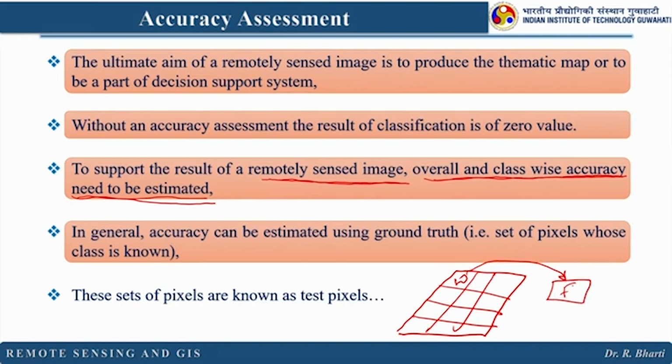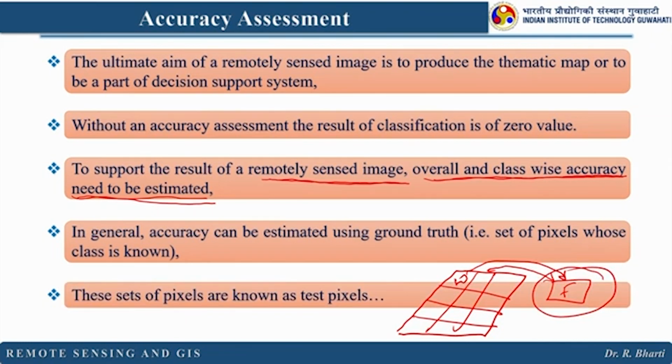So, what we found is there is a mismatch of the classes. So, I have reported this pixel as water, but in the field it is forest. So that means there is a mismatch. So I need to calculate the accuracy with respect to my ground information, right. So the set of pixels whose classes are known is called test pixels, right. So this is similar to your other ground truths.